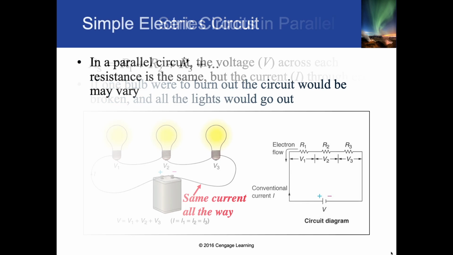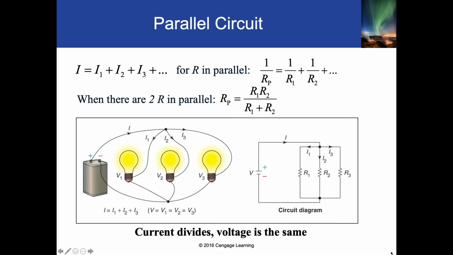It's not that way when you do it in parallel, because in parallel it's almost like you have a battery and then you have a big wire. You have one wire right here, and then that has a light bulb, but then you connect it to another wire, and then you connect to another wire. And it doesn't have to necessarily be positive to negative like it is in series. In fact, this is the positive side over here connected to this positive side, and this is the positive side over here connected to this positive side, and all these sides are the negative sides.